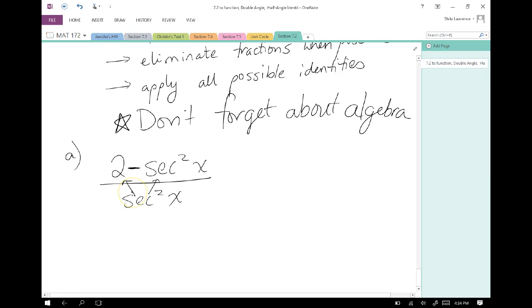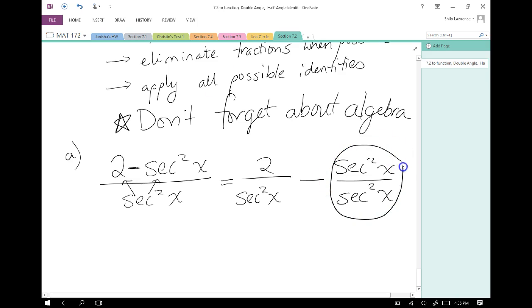But I can go ahead and divide them individually by secant squared. This is just algebra, and that is an algebra rule. So this is 2 over secant squared minus secant squared over secant squared. And now that I have divided them individually, there is no subtraction in that fraction, and now you can cancel.